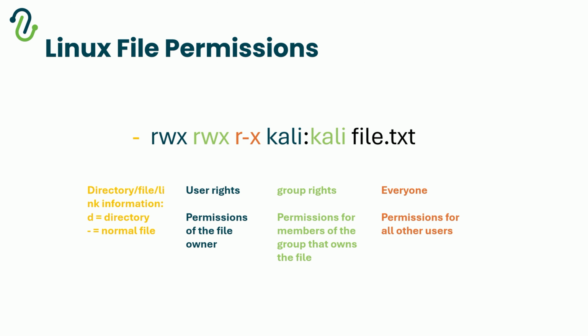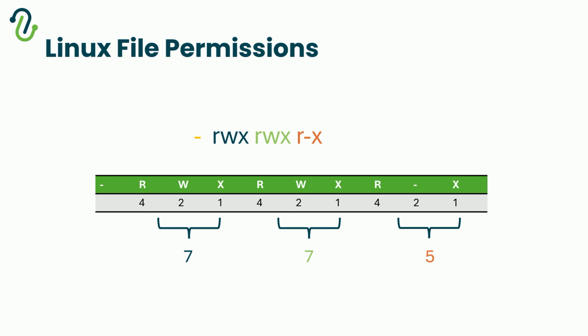Now, when we start using Linux in a minute to change the permission levels, we're going to use a numbering system to tell Kali what level of permissions should be applied to our file. And this works in an easy way, once it's explained to you. It's just simple binary. We have three values: read, write, execute.